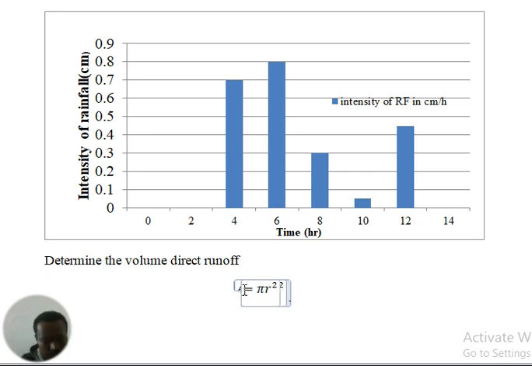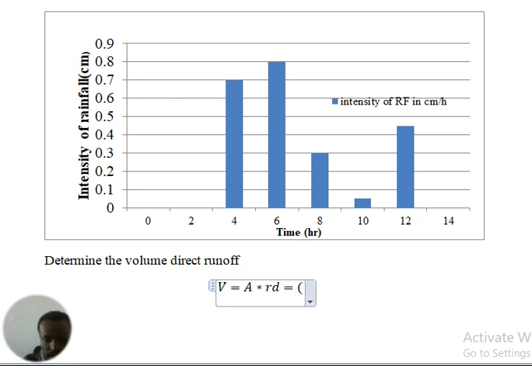Then volume is equal to area of a catchment times rainfall depth. Total rainfall depth. This total rainfall depth is equal to the sum of what? The sum of effective rainfall.